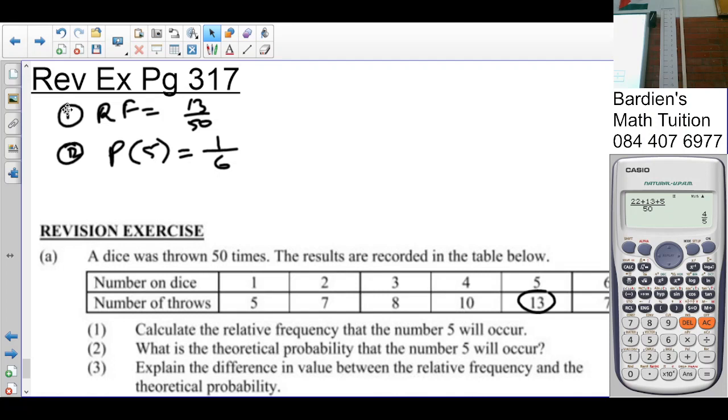So the more you actually do the experiment, the closer it will represent theoretical probability. But if you do it once, twice, 50 times, it's fairly little for you to get that fraction of 1 over 6.